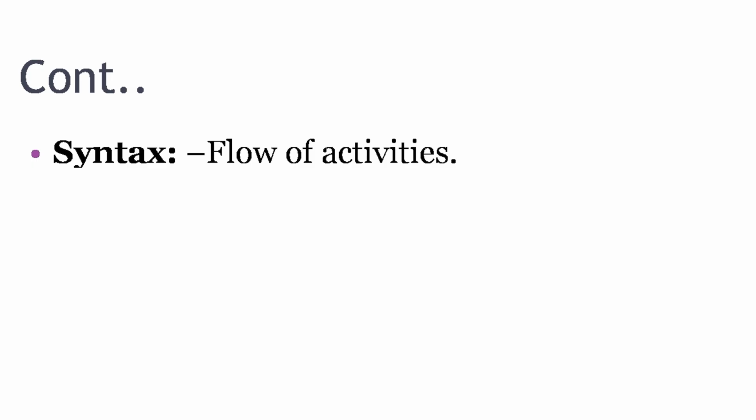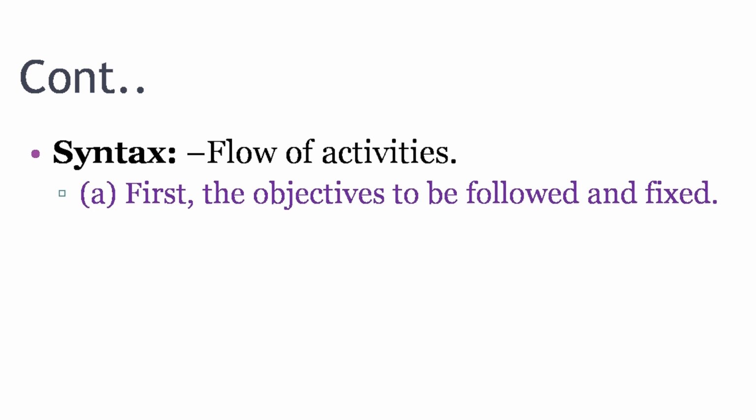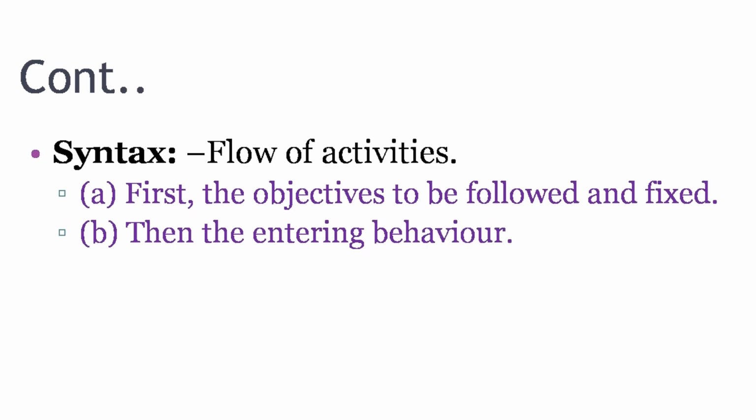In this model, the sequential flow of activities is as listed below. First, the objectives are fixed, following Bloom's taxonomy; now it may be the revised Bloom's taxonomy. Then the entering behavior, showing the understanding and background of the student, is determined.